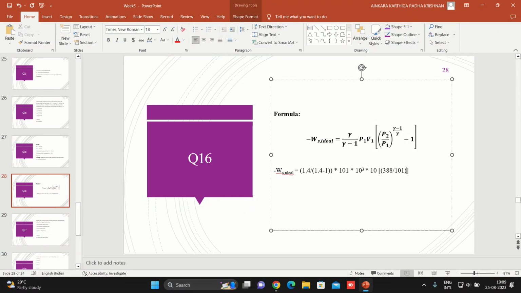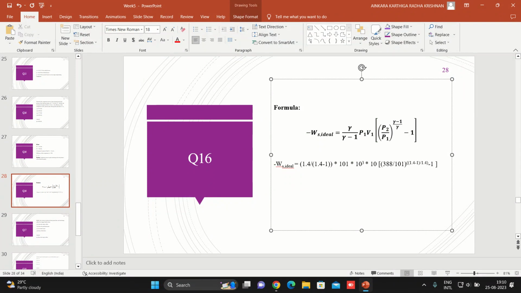Kilopascal gets cancelled, raised to 1.4 minus 1 divided by 1.4, minus 1. So we'll just substitute these values.